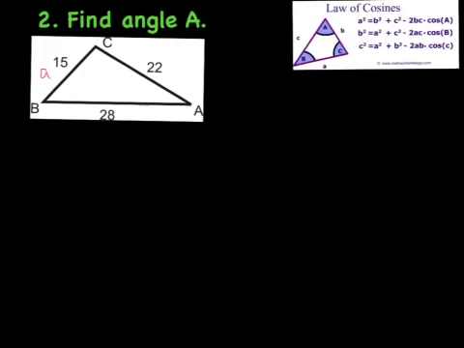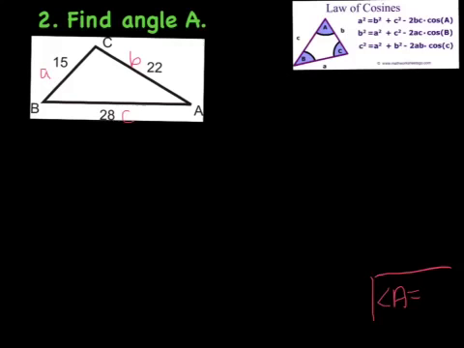So 15 is our A, 22 is side B, and 28 is side C. Okay, we're going to be looking for angle A. So let's go ahead and put a spot for that. Okay, now we just have to plug everything in and solve for cosine A. And remember, anytime we're looking for an angle, we're going to be using inverses. So keep that in mind.